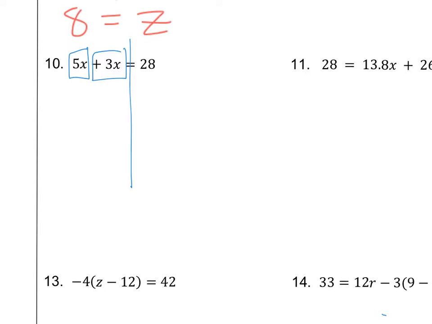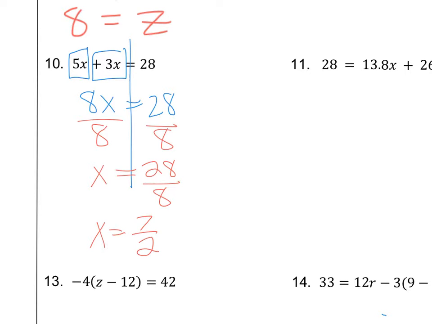So 5x plus 3x is 8x equals 28. And then we just go through the process of isolating. So go ahead and pause your video and check back and make sure you get the same solution. Okay, and we're going to leave it in fraction form. I just simplified to the smallest fraction.